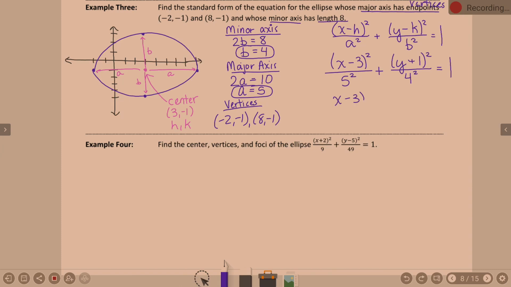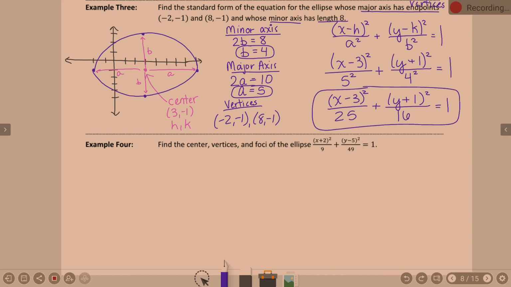x minus 3 squared over 25 plus y plus 1 squared over 16 equals 1. Okay?